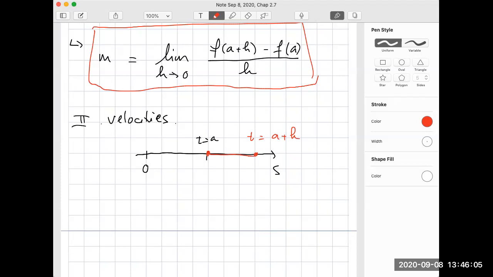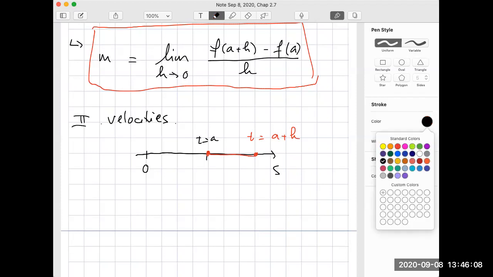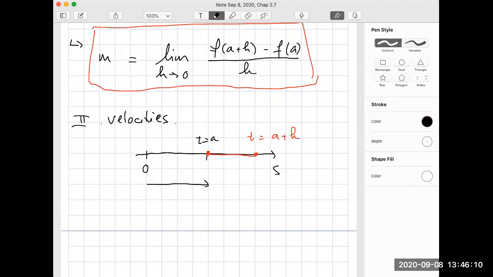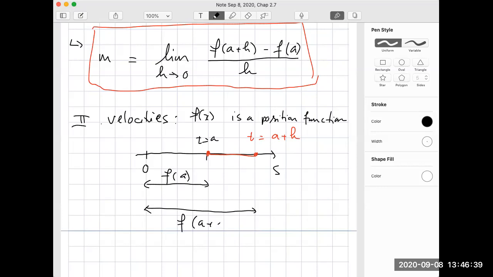So this distance is f of a, and in this case, f is a position function. At t equal to a plus h, this is f of a plus h.